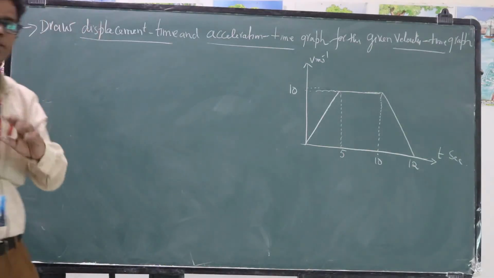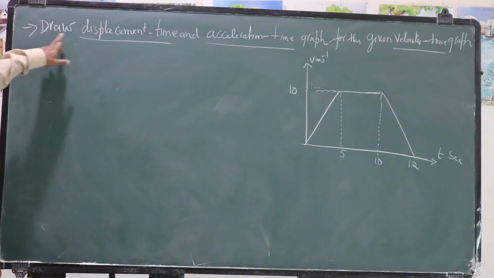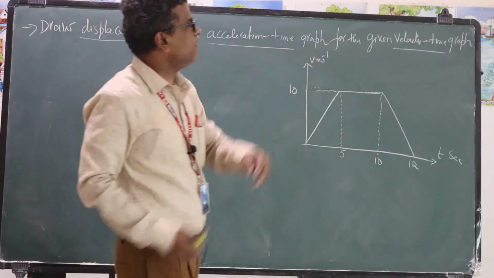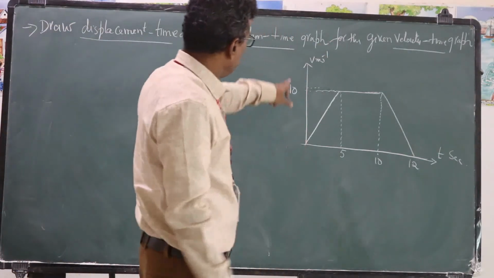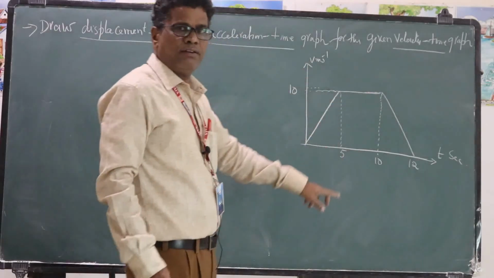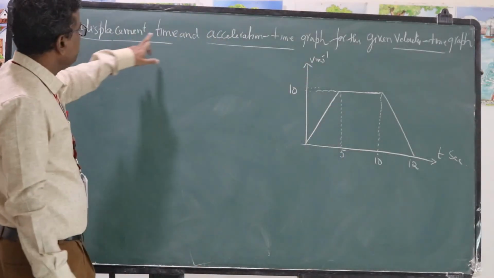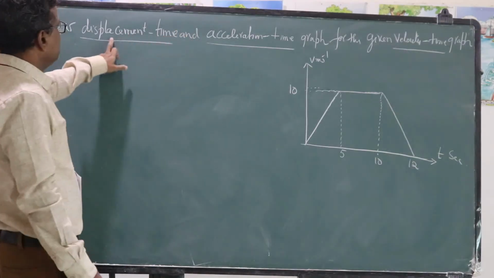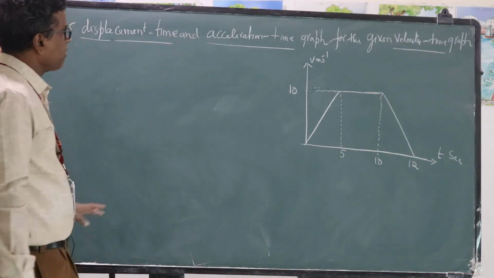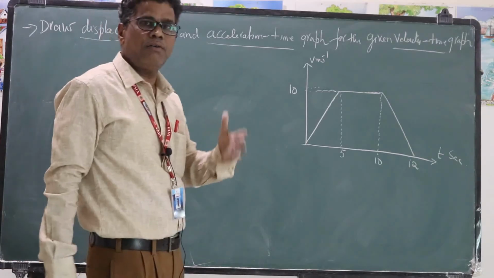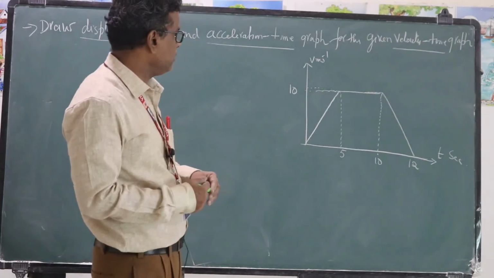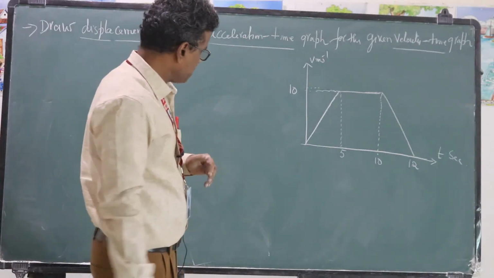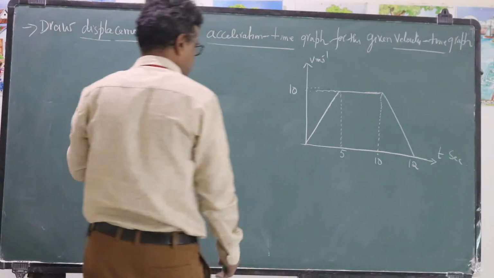Now see this graph. Draw displacement time and acceleration time graphs for the given velocity time graph. The velocity time graph is given. You have to draw the displacement time and acceleration time graphs, AT and ST graphs. Okay, let us see how such problems we can solve. First you study the nature of the motion. How?